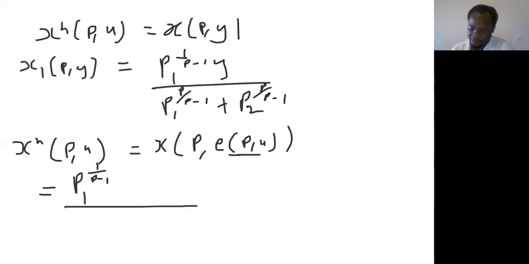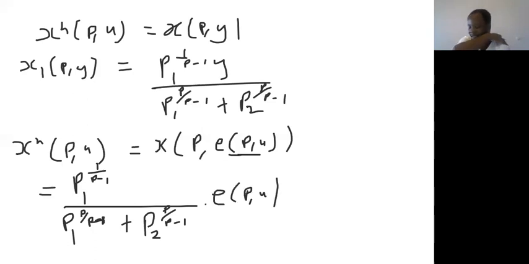So this is going to be p1^(1/(φ-1)) all over p1^(φ/(φ-1)) plus p2^(φ/(φ-1)), multiplied by y. Because of the y, we now write E(p, u), and E(p, u) has already been given in the question.